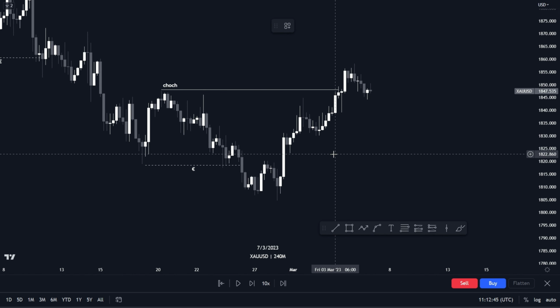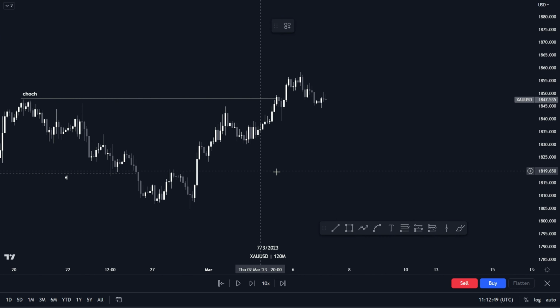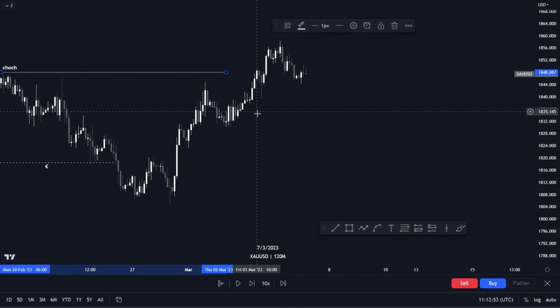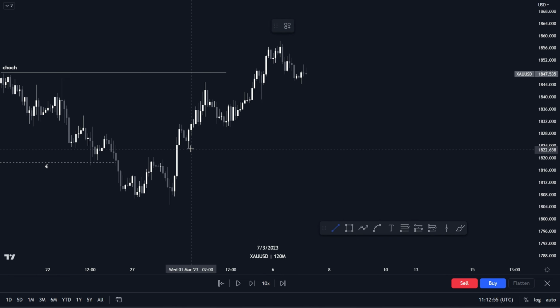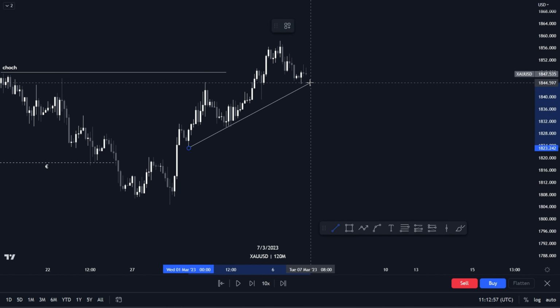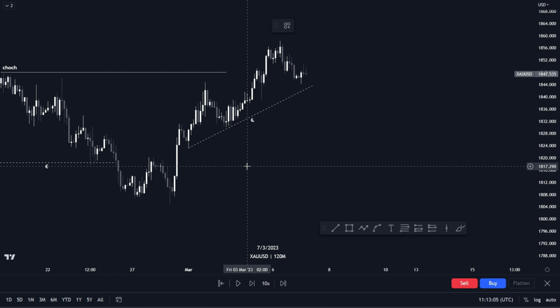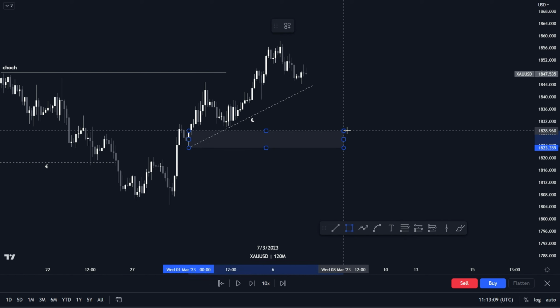Okay, now let's move to the 2-hour time frame. As you can see here, guys, we have this trend line liquidity here, bottom. So meaning you cannot take your trades here.